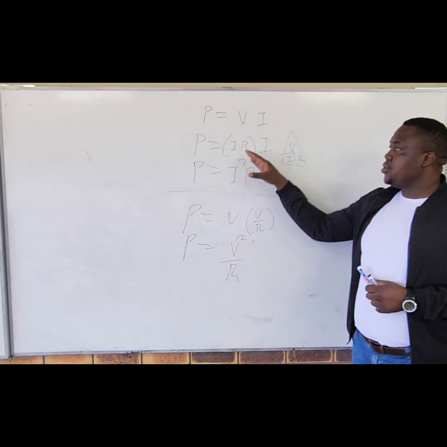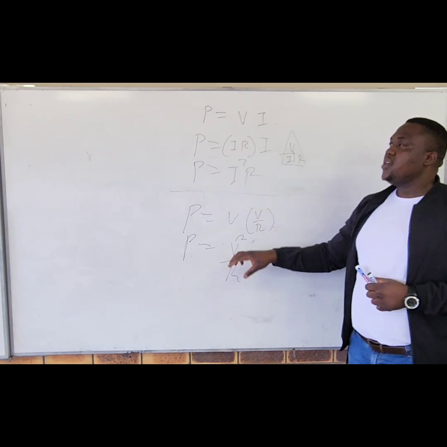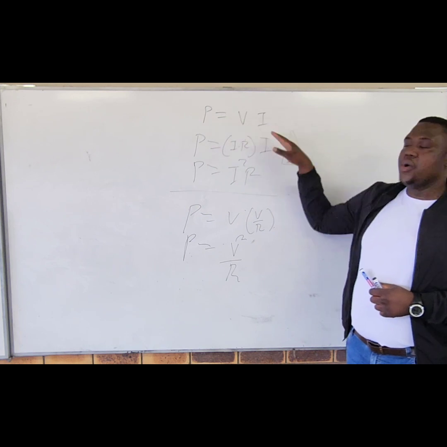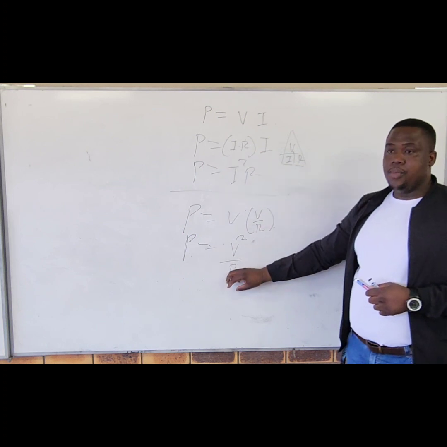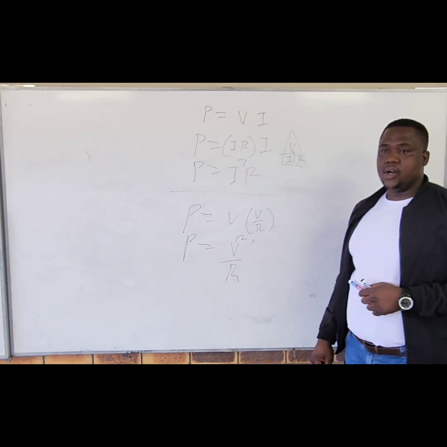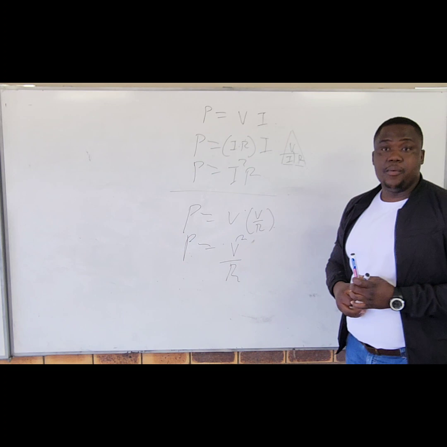And I told you that you don't need to cram all these formulas. Knowing this one and knowing this triangle for Ohm's law, you can produce all these different formulas.